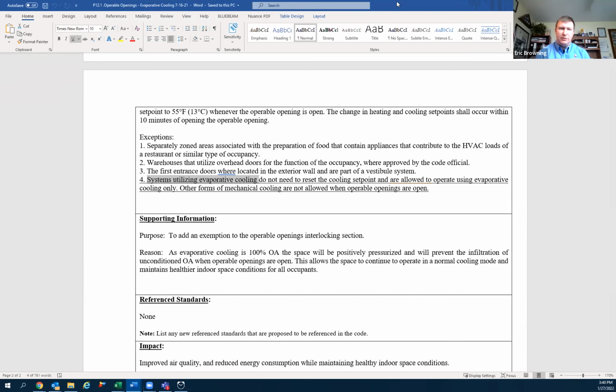Within a building there could be many different systems, so it wouldn't be the whole building, and it certainly doesn't say the whole building. But I think the idea is to give the exception to the evaporative cooling spaces. Just an idea, certainly open for discussion. I'd be fine with whatever you'd suggest. I hadn't anticipated that.